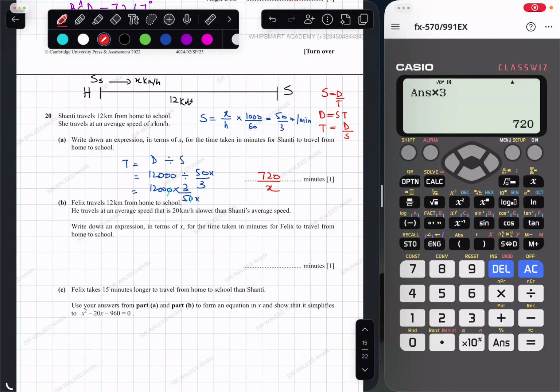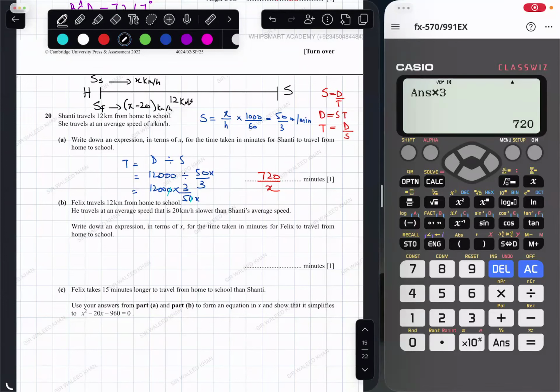Write down an expression in terms of x for the time taken in minutes for Felix to travel from home to school. Okay, this is another person. That was Shanti's speed, this is Felix. And what is that? x minus 20 kilometers per hour.